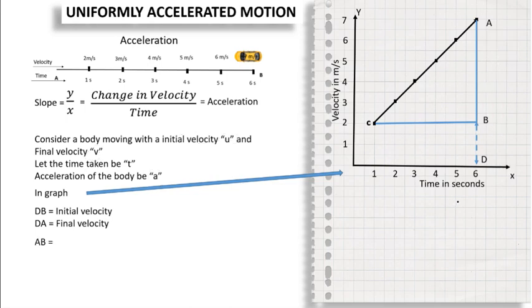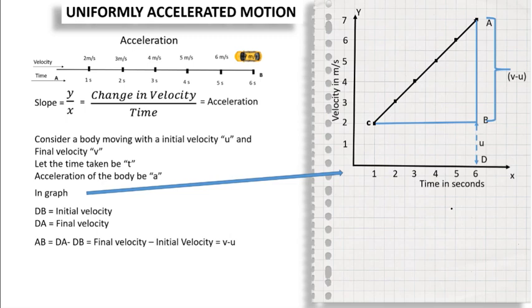So AB will be equal to dA minus dB, which we have already discussed, that is final velocity minus initial velocity. So we can write this length as V minus U. And what about this?